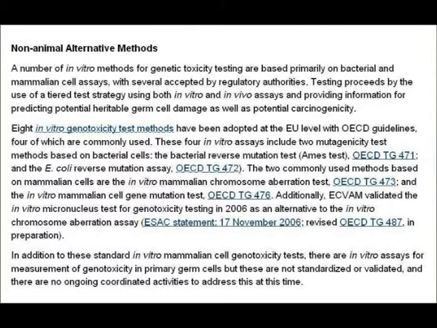It reads, a number of in vitro methods for genetic toxicity testing are based primarily on bacterial and mammalian cell assays, with several accepted by regulatory authorities. Testing proceeds by the use of a tiered test strategy using both in vitro and in vivo assays and providing information for predicting potential heritable germ cell damage as well as potential carcinogenicity.